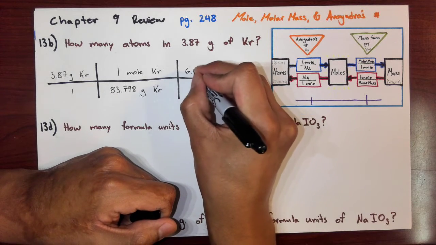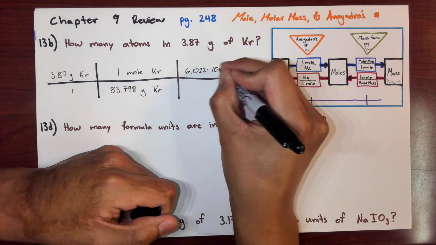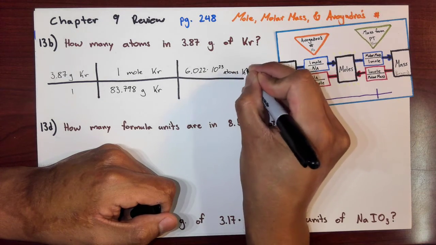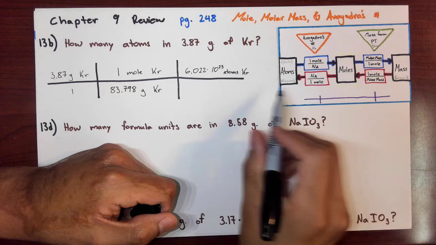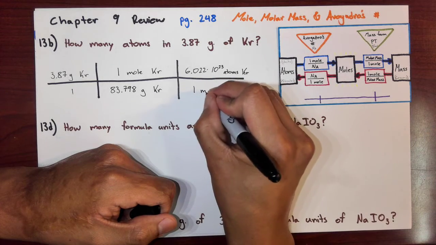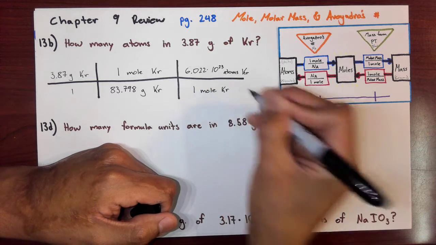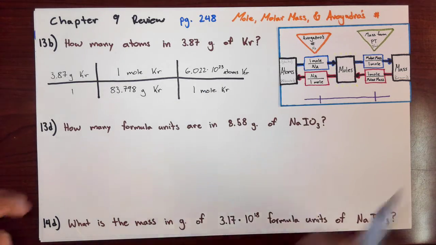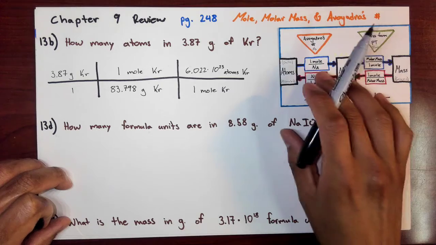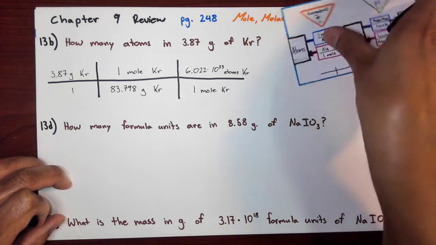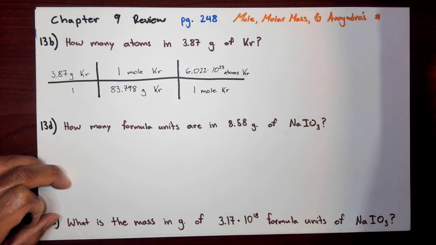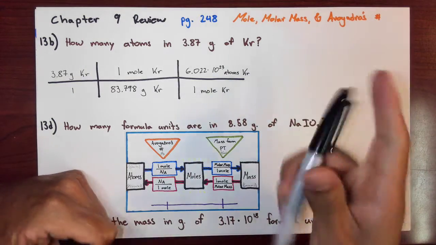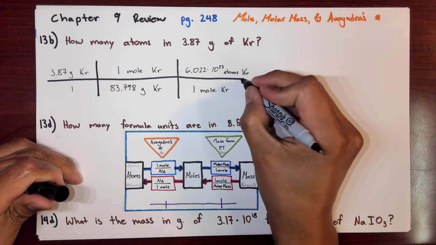So we're going to write that 6.022 times 10 to the 23rd atoms of krypton over 1 mole of krypton. And all that means is that in 1 mole of krypton, you have that many atoms of krypton. Okay, I'm going to move this out of the way so we can continue to work. In fact, let me move it down here, and then you guys can still see it.